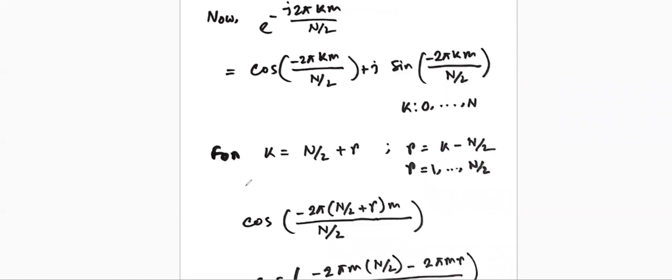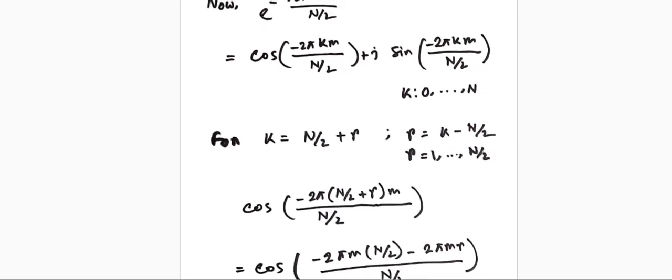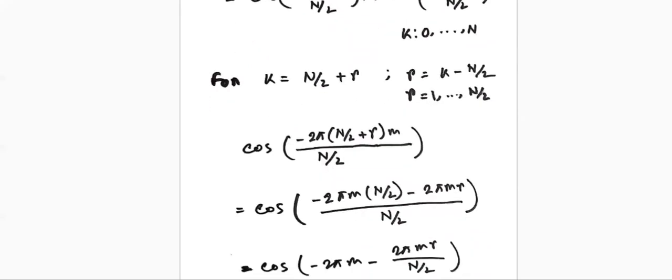Okay, for k equals n by 2 plus r, or you can say r equals k minus n by 2, where r goes from 1 to n by 2, up to half of the total segment. We can replace the k value with this. Let k equal this. Now we are replacing this k value for the cos segment only.